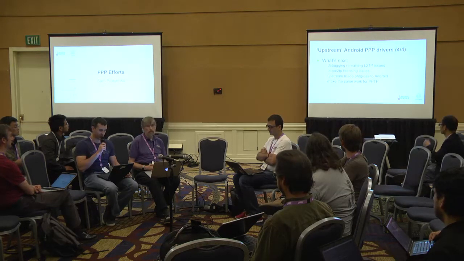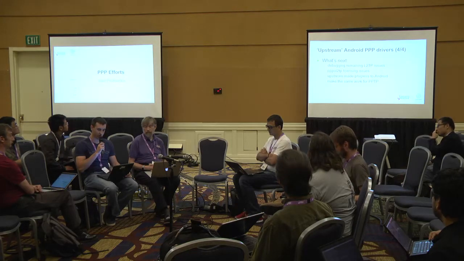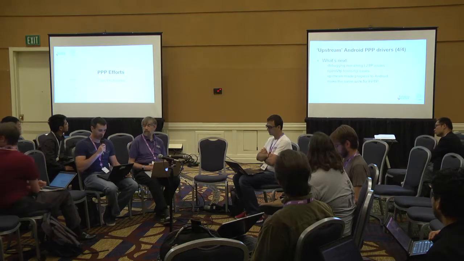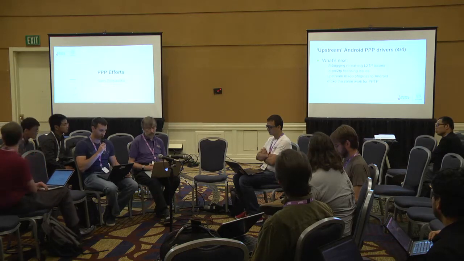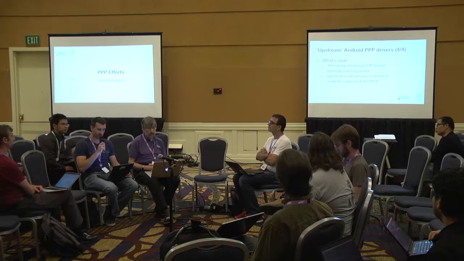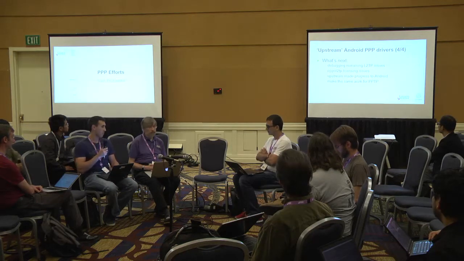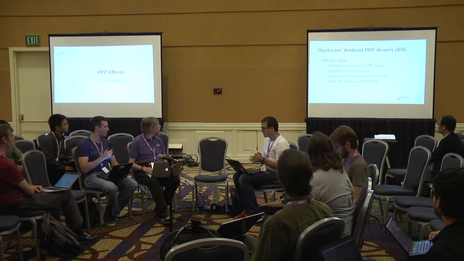Once L2TP is up and running, we need to prepare the patches and send them to Android, perhaps to the kernel as well, for review. And also, we still have the second part of the task, which is to do the same work for the PPTP implementation. That's it.